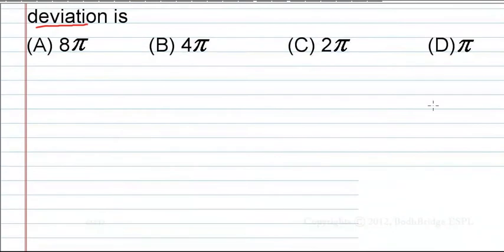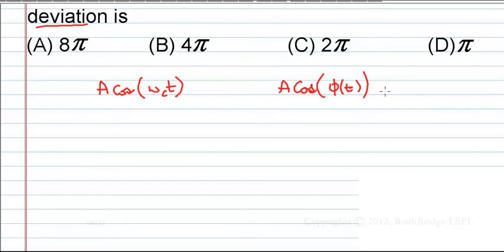Some theory we will see first. Any carrier can be written as A into cos omega ct. In general, it is A cos phi of t. This A is called the amplitude term and phi of t is called the phase term. In phase modulation, this phi of t is changed.